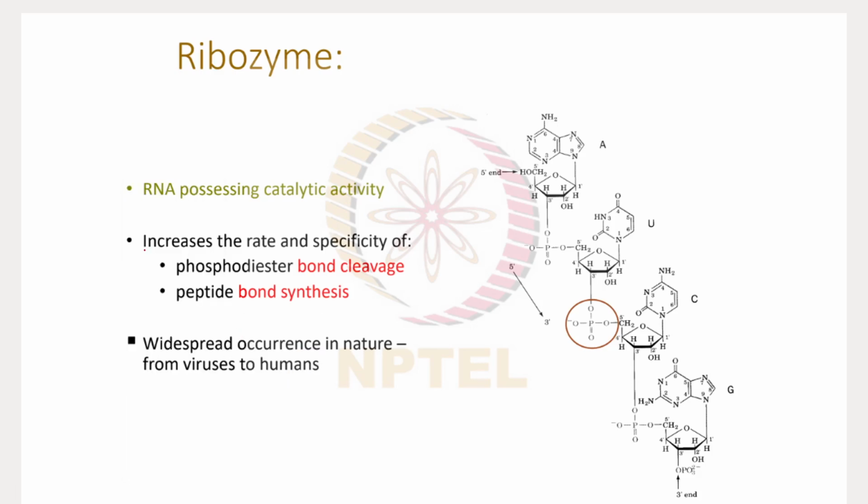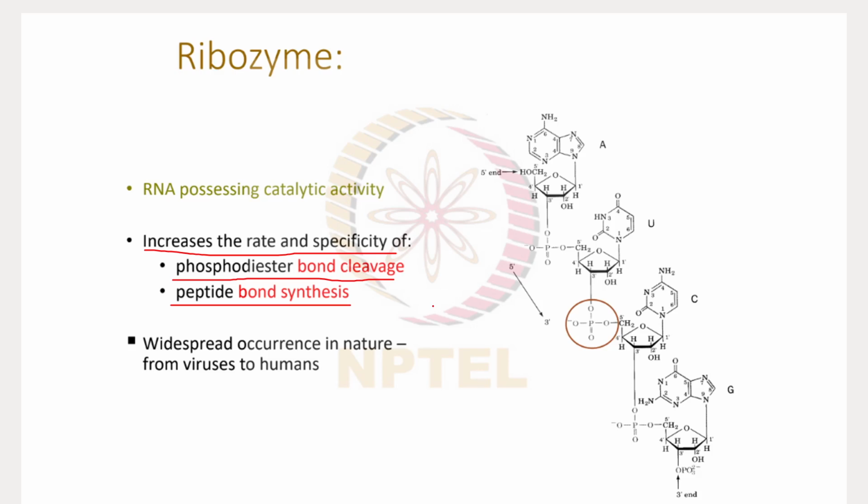Next, it increases the rate and specificity of phosphodiester bond cleavage and peptide bond synthesis. If you see it correctly, in the translation process, peptide bond formation is required. One amino acid is there, another amino acid is there, and there needs to be a peptide bond.